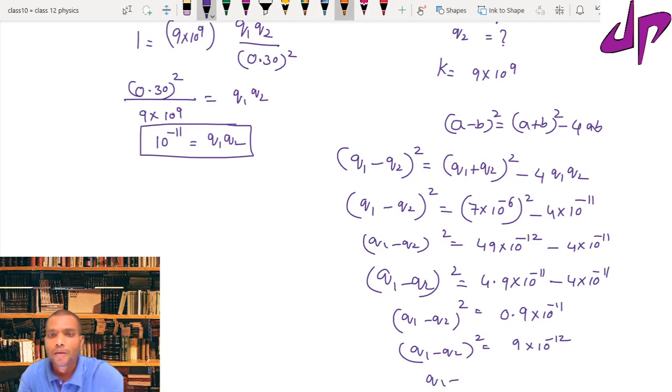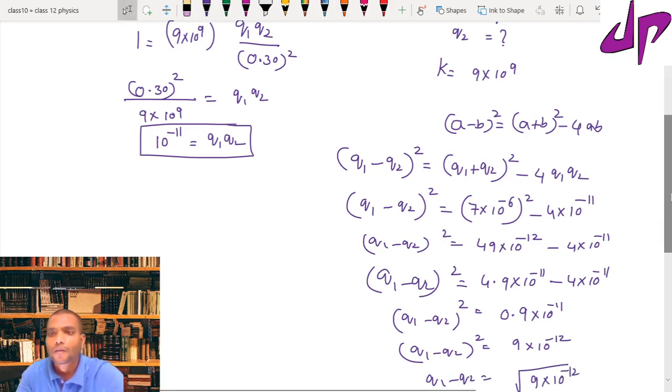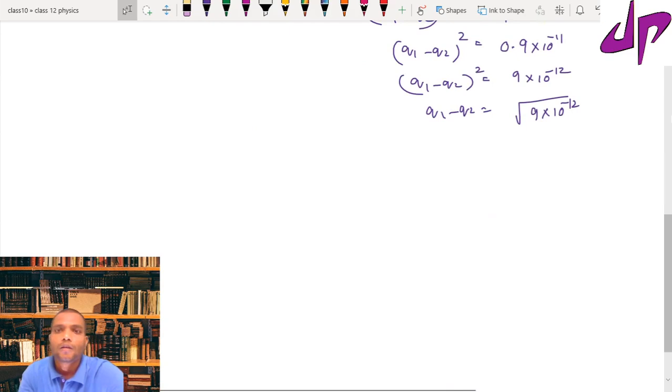So Q1 minus Q2 equals under root of 9 times 10 power minus 12. Solving it, root 9 times root 10 power minus 12, the final result is 3 times 10 power minus 6 as Q1 minus Q2.